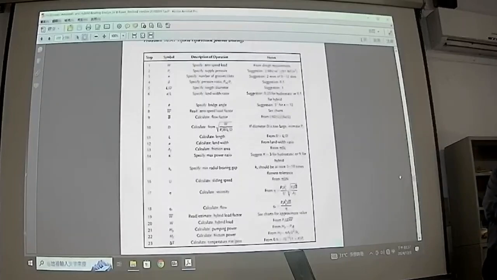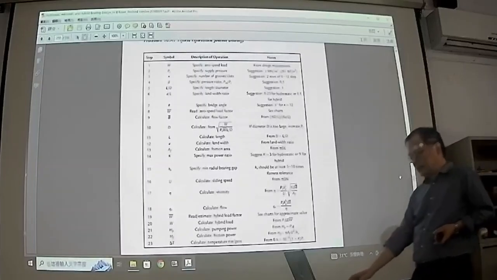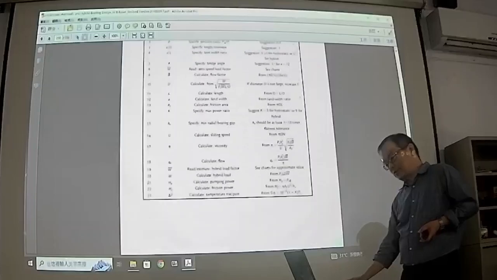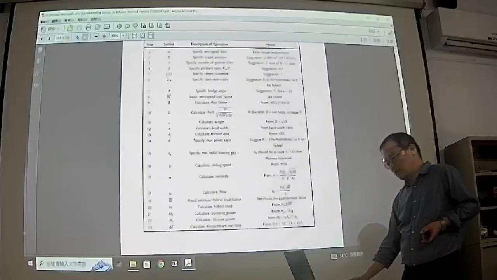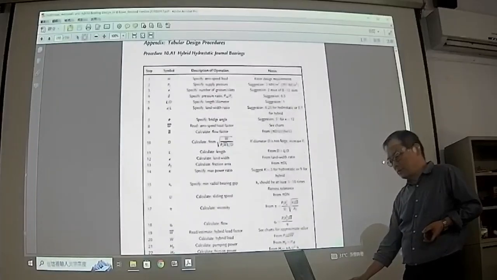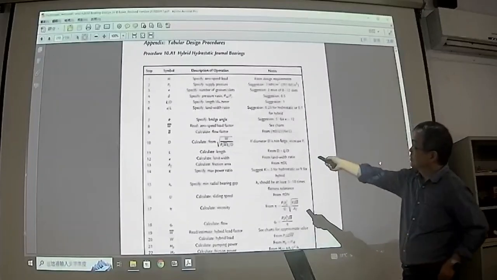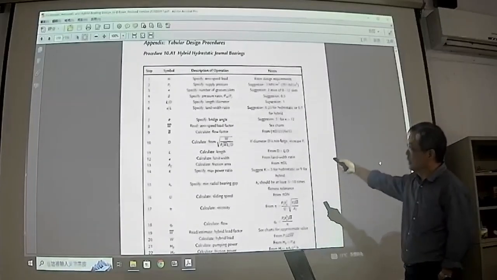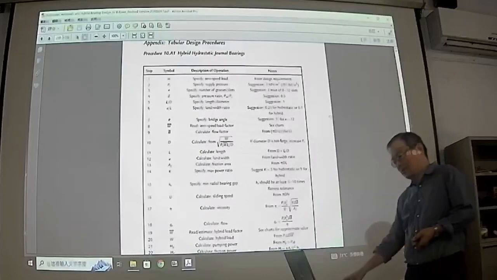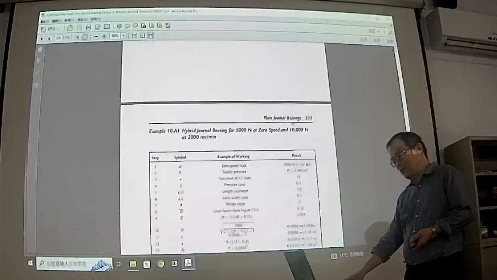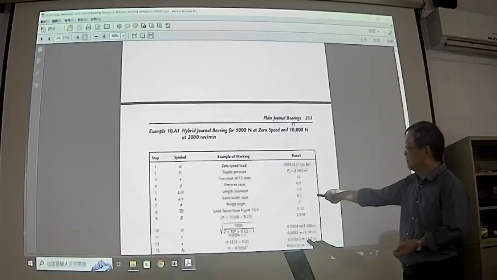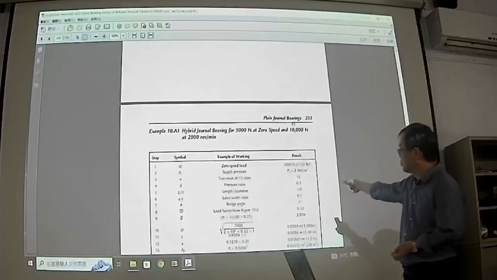Okay. It's not so difficult, you just need to check that. I think it's similar to your assignment too. So you have one procedure, A1 is the notation and the formula, and A2 is the numerical data. With the numerical data, you can check the final results.